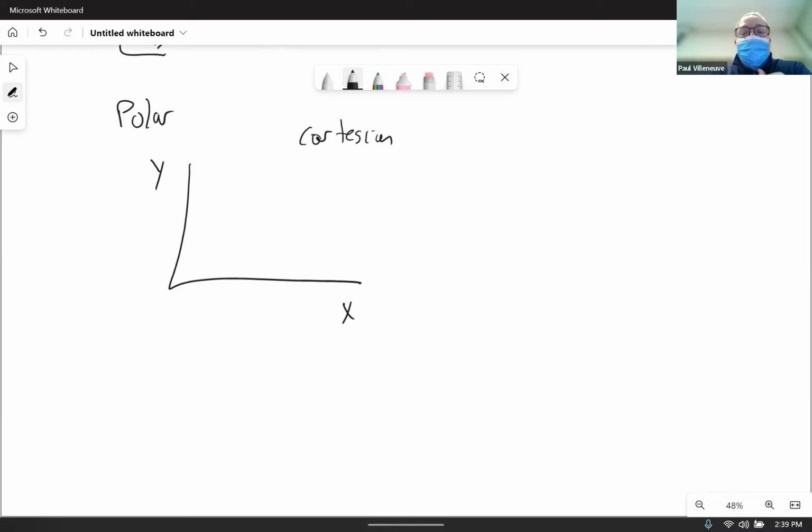You could actually work in spherical coordinates, which is another coordinate system, but we don't have a lot of value in it. So for electrical engineers, we only talk about things from a real and reactive perspective, the X and the Y axis, X being the real axis, Y being the imaginary axis.